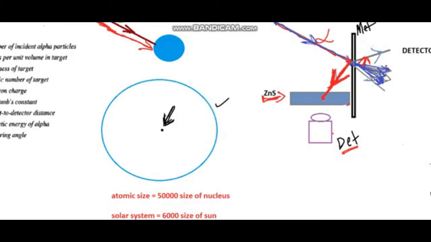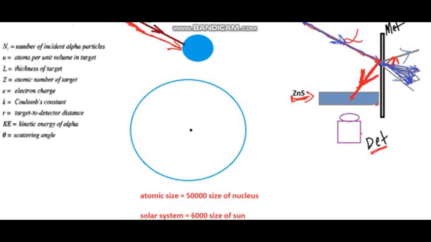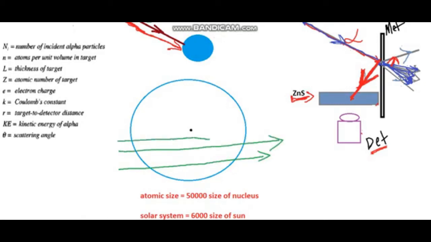So now we have a very small region where the charges are concentrated, where you can have a very large electric field, and that gives more force. Now if you send an alpha particle in this way, it will not be affected. Here it will not be affected, but here it can be affected a little bit, and when you come closer, it can be affected a little bit more, like this.